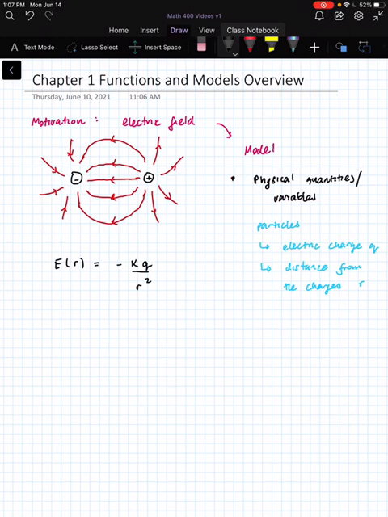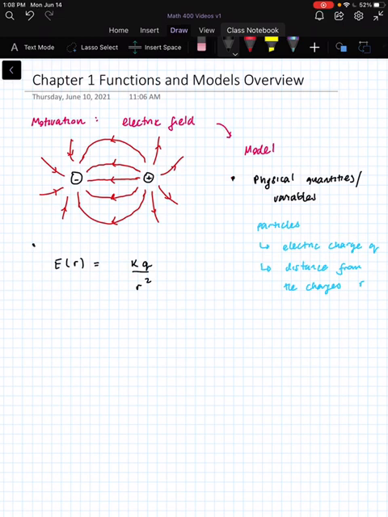So a constant of nature K that is experimentally determined, and Q being the charge of the particle itself. And with this, sorry, there's no negative here. That's for potential. And with this is actually our model, even though we have to include some.